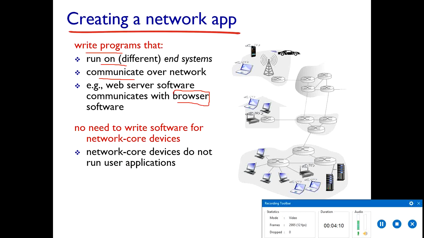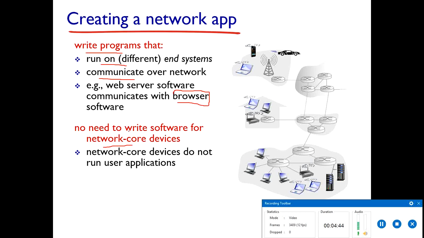Now when we are writing a software, we do not take care of the network core devices. For example, if you are developing a game, you are not taking into consideration how it will act on routers or how it will act on switches. You are just concerned with how the different users will interact with each other and how an individual user can play the game.